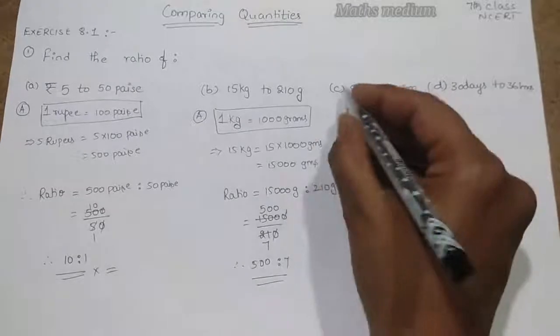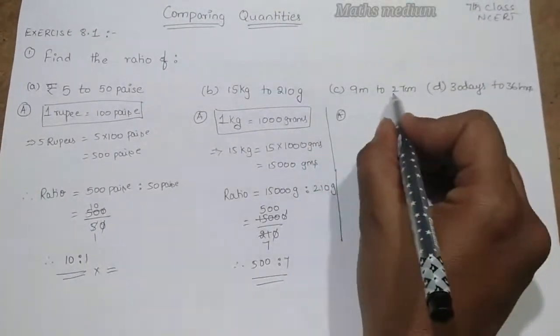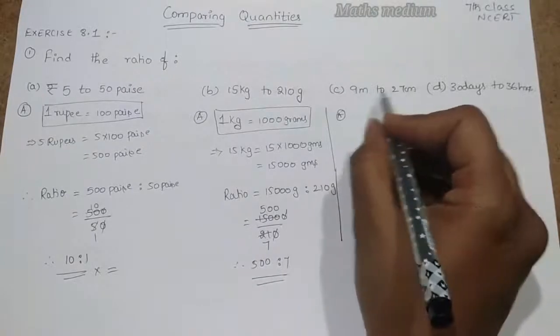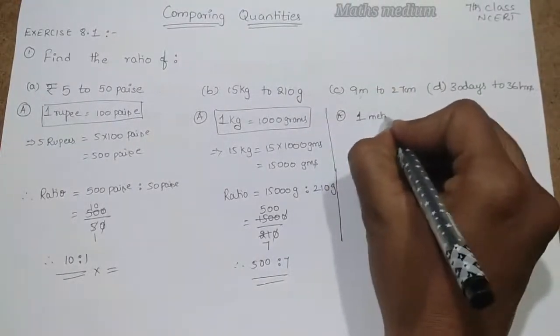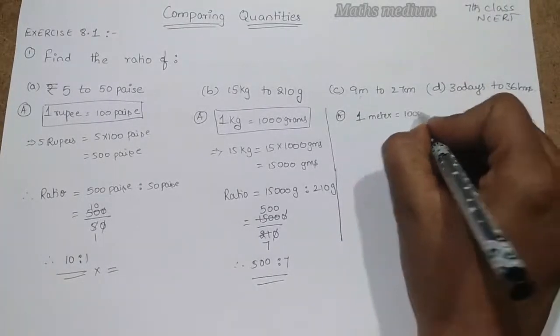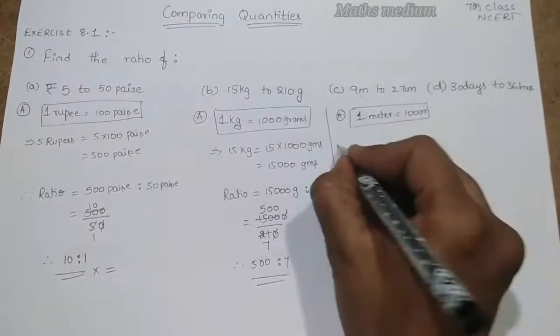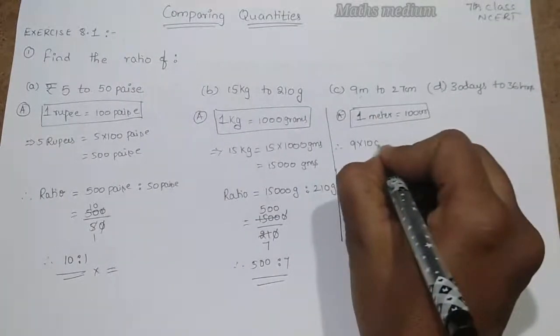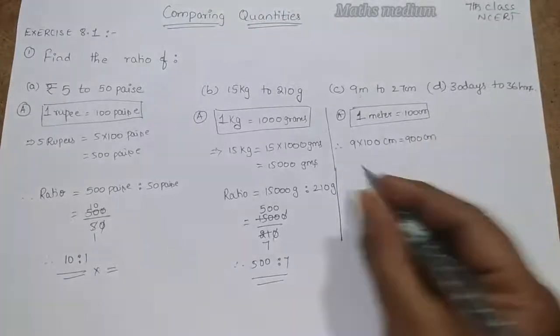Similarly, this also. Here, 9 meters to 27 centimeters. We know that 1 meter is equal to 100 centimeters. Therefore, 9 into 100 centimeters is equal to 900 centimeters.